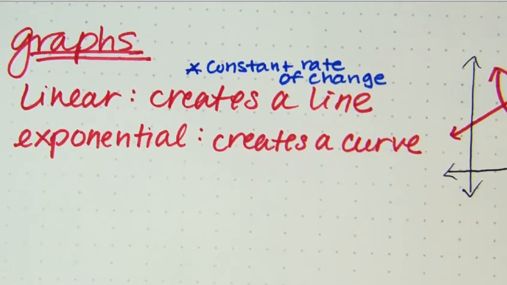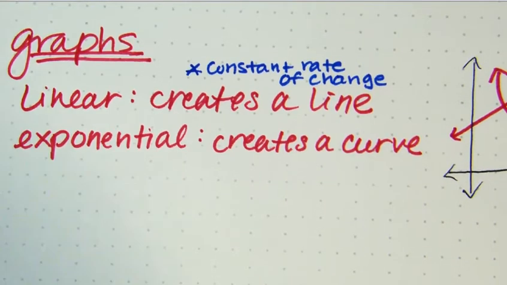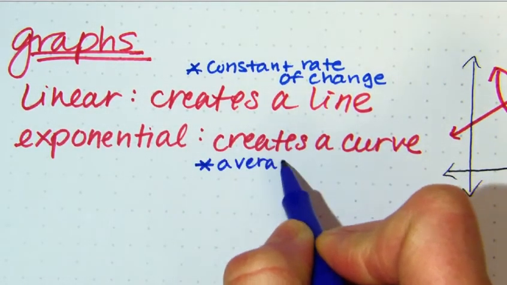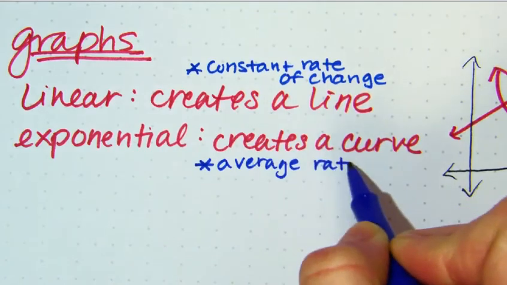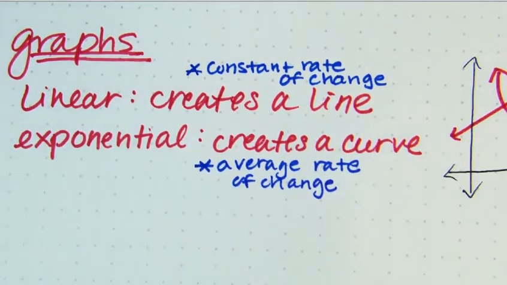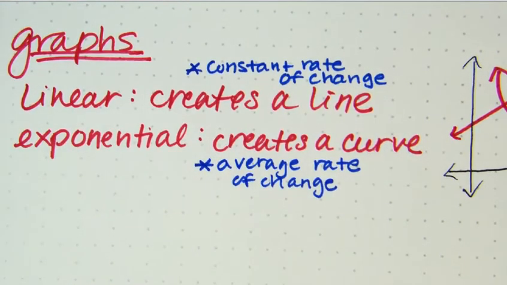But you'll hear people say constant rate of change. For our curve, or our exponential, we ended up with an average rate of change because the nature of a curve is in different spots, the slope was different. We saw that, right?